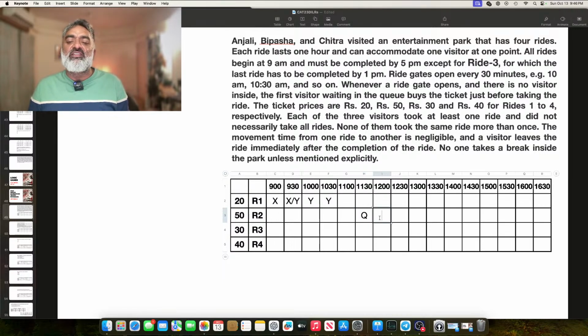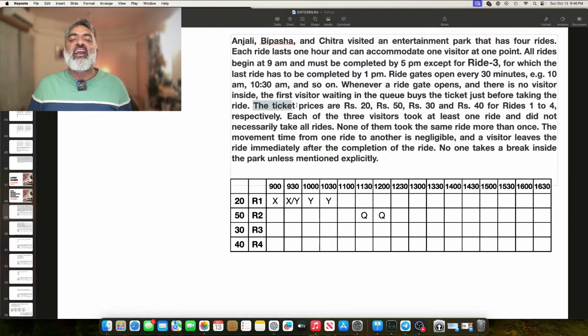So he'll start at 11:30, the ride will go on for 1 hour, so till 12:30 he'll be in the ride. That means Q will be on the ride in the 11:30 slot and 12 o'clock slot, when there is no one waiting, right? So this is what we have to figure out. And again, this is not rocket science. This is our day-to-day level of common sense, right?